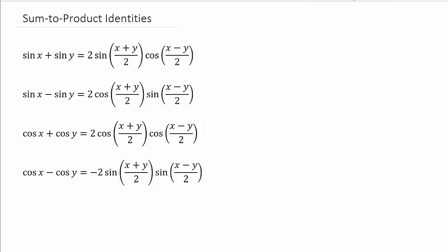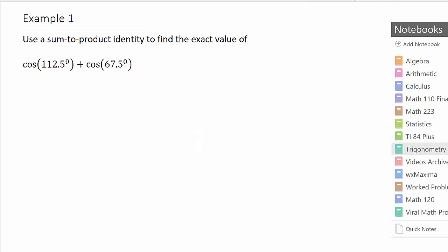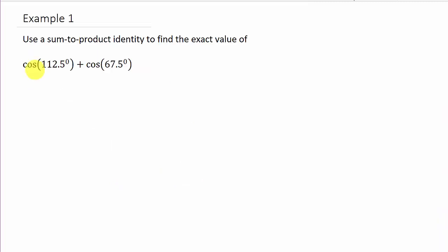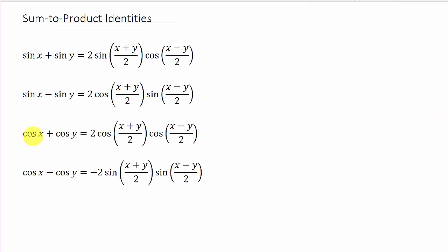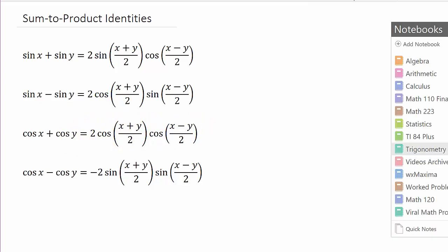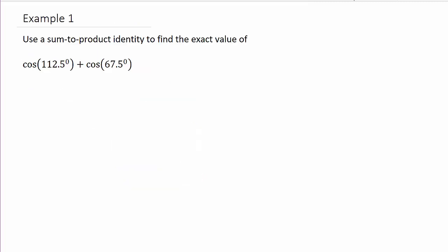Alright, so let's come over here and see what we've got. We've got cosine of 112.5 degrees plus cosine of 67.5 degrees. So let's see which one we've got. We've got this one, cosine x plus cosine y, so we're going to use this identity. First, let's write it down.